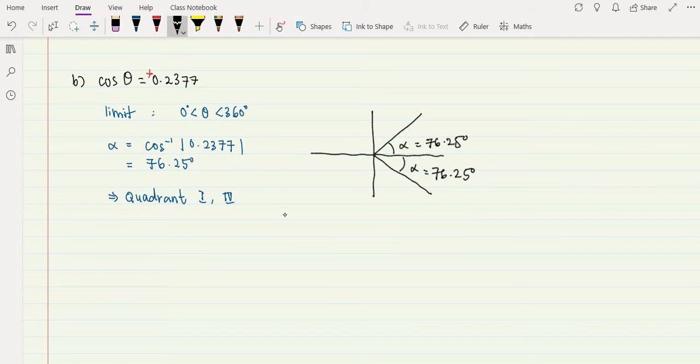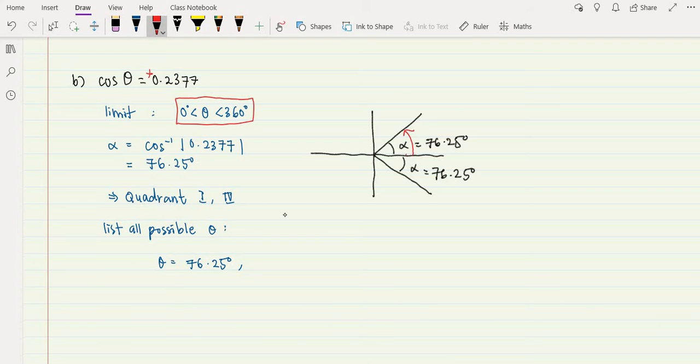The last step is to list all our possible values of theta. Our first angle starts from the initial side, moving in the anti-clockwise direction because our limit is in the positive angle section. So our theta is 76.25 degrees.